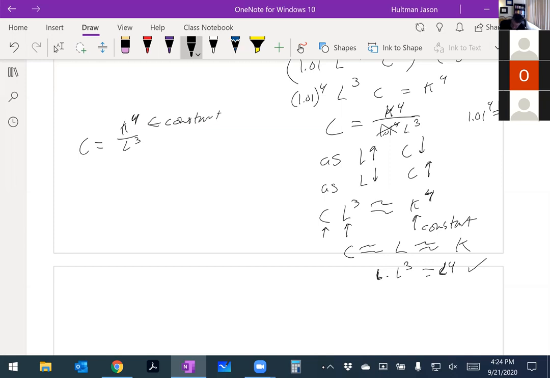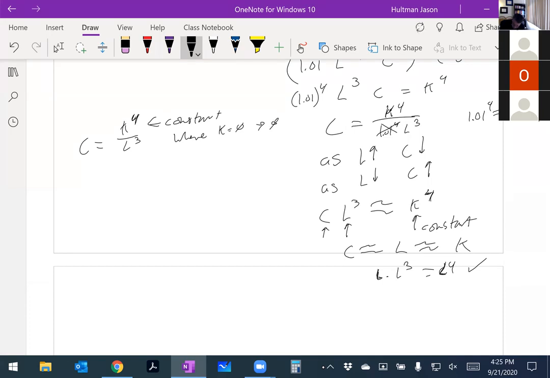So what does this function behave like if that's just a constant? K equals some value. Well, it could be equal to 0 actually. If we let it equal 0, then the whole thing just goes to 0. That's not very helpful.